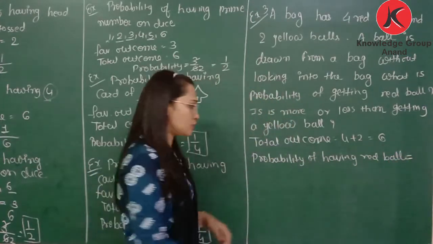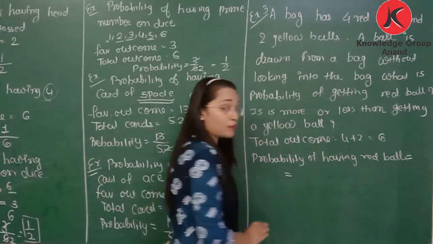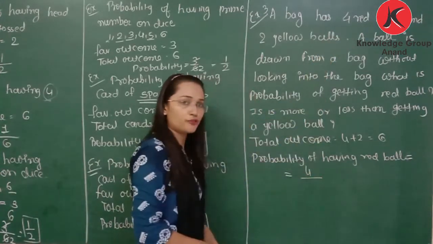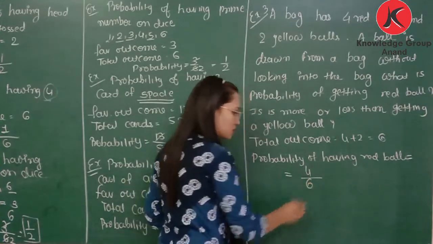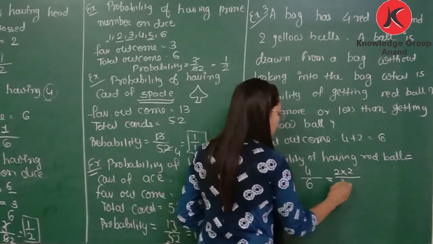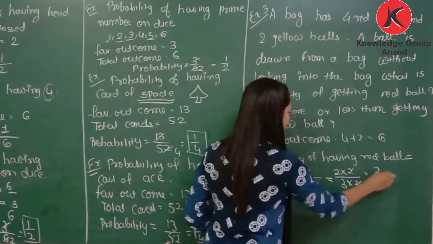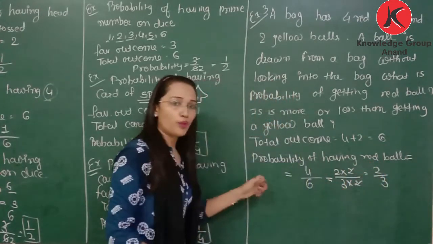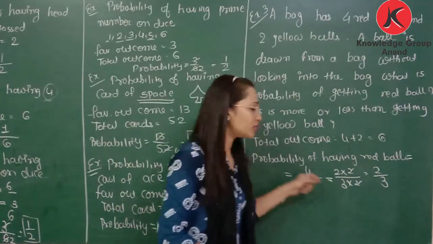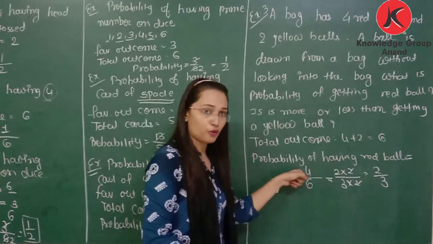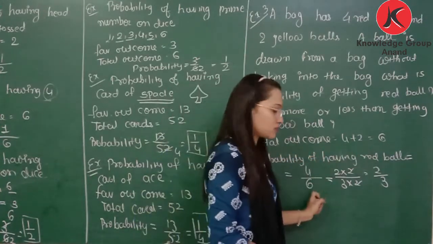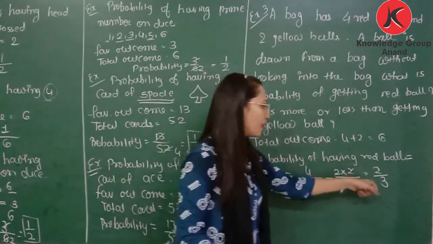It means it is the favorable outcome. How many favorable outcomes are there? 4 red balls are there. So favorable outcome will be 4 and total outcome is 6. Now we can cut the common factor. 2 2s are 4, 3 2s are 6, 2 will be cancelled out. So it is 2 by 3. So the probability of having a red ball is 2 by 3. Why? Because total red balls are 4 and our total balls, that is 4 plus 2, is 6. So 4 by 6 is 2 by 3.